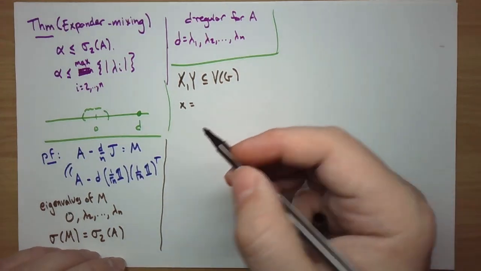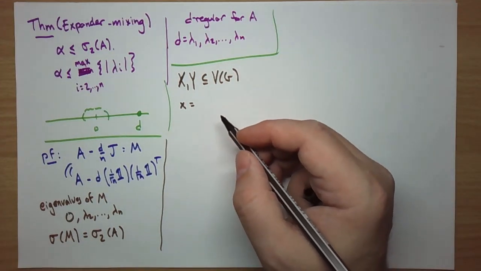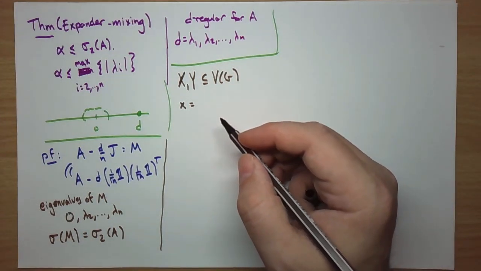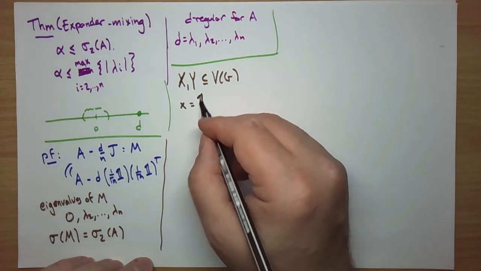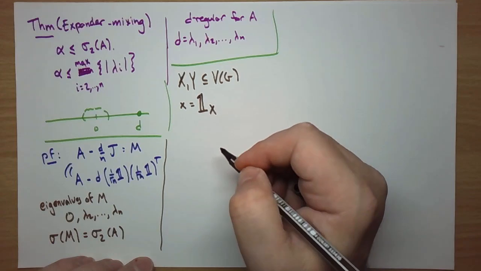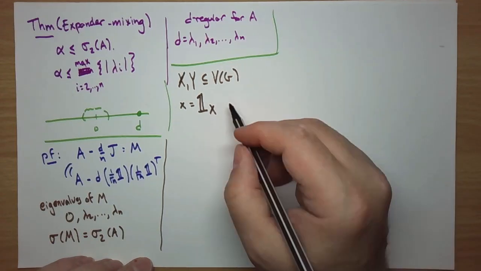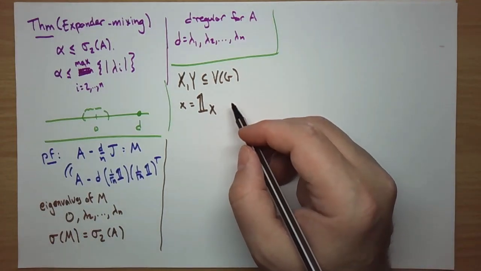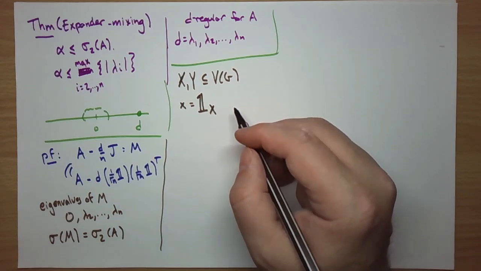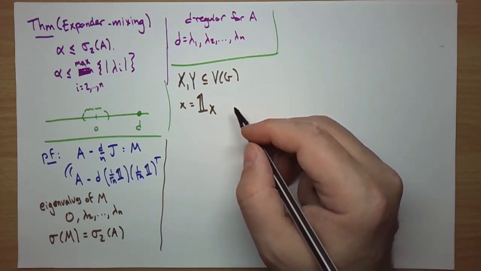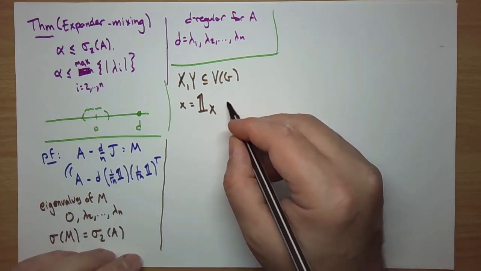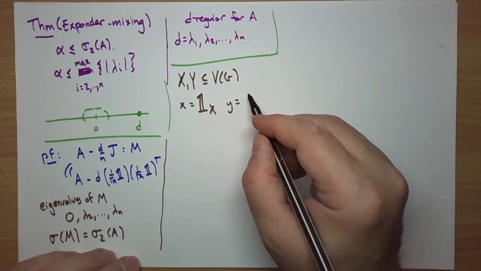You used the word characteristic; I would probably use the word indicator, but you have the right idea. We're going to make an indicator vector. So X is associated with a 0-1 vector, which is 0 if you're not in X, and 1 if you are in X. And now we'll do the same thing for Y.